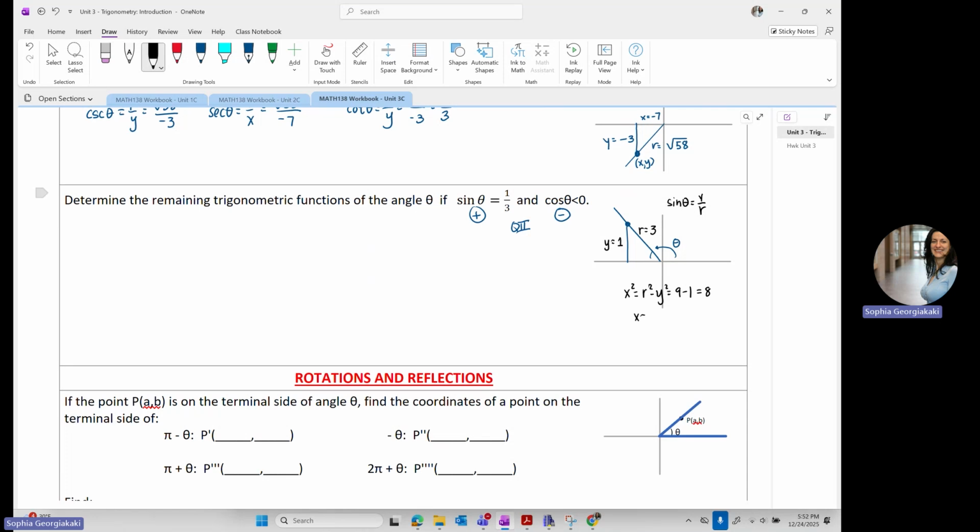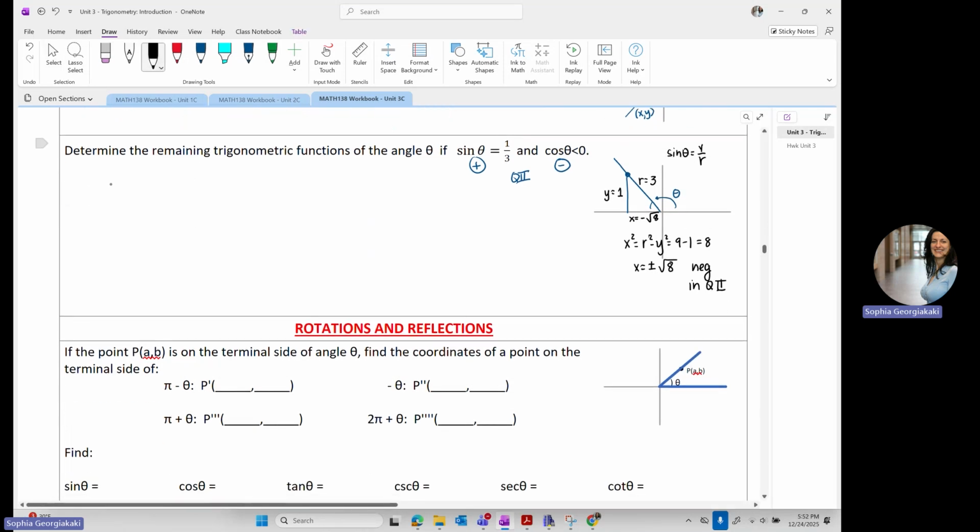And x will be plus or minus the square root of 8. And I'm going to choose negative, because x is negative in quadrant 2. So the x here will be negative square root of 8. And again, you can simplify the square root of 8 to make it 2 square root of 2.